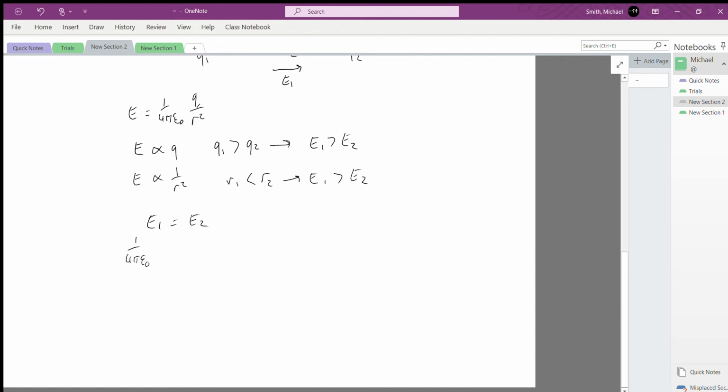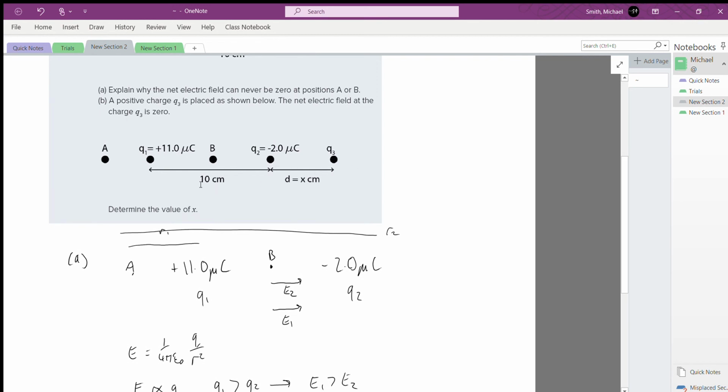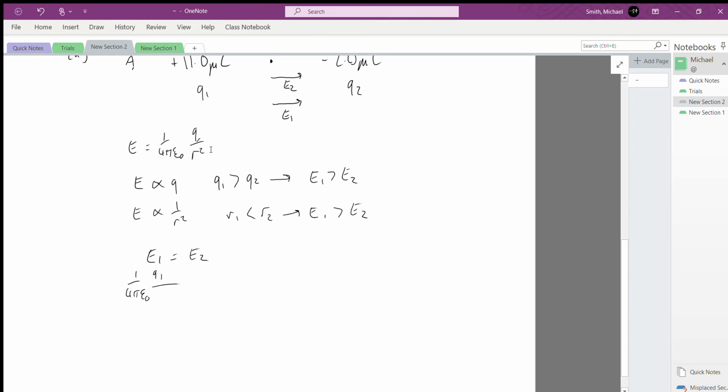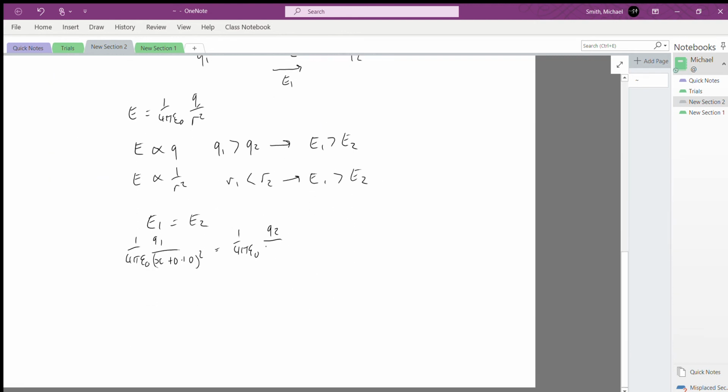So we have 1 on 4 pi epsilon naught Q1 on the distance between Q1 and Q3, which is x plus 10 centimeters. So that'll be x plus 0.1, all squared, will be equal to 1 on 4 pi epsilon naught Q2 on x squared. So here we have a few things cancel out. Now we can just substitute some values in.